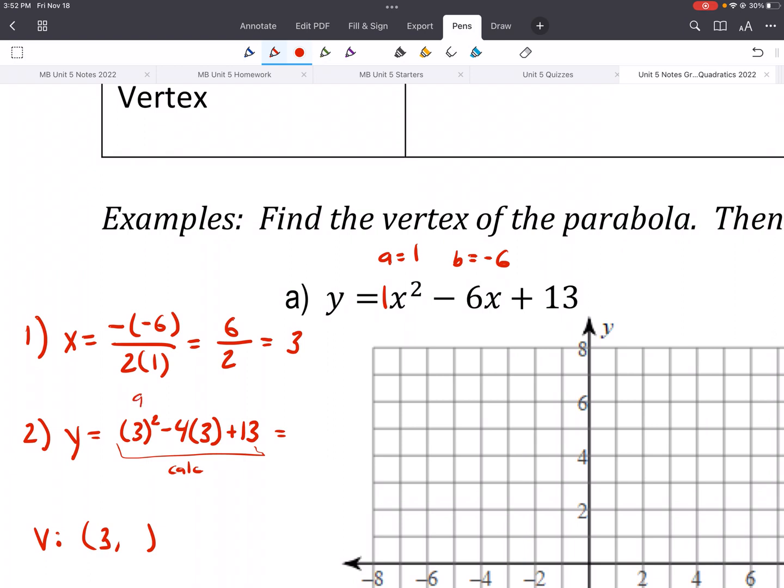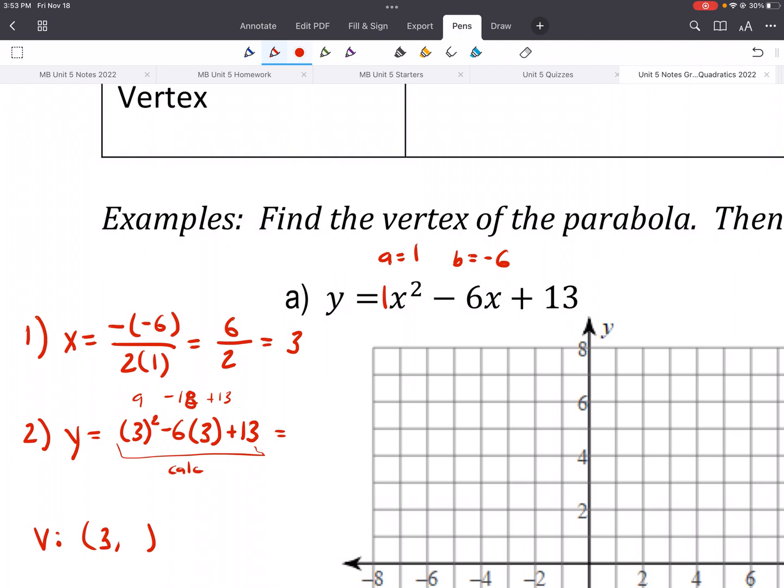This would be 9 minus 18 plus 13. Oops, I didn't turn on my calculator. I don't know why there's a 4 there. Sorry, my bad, that's a 6. Okay, so this would be 18.